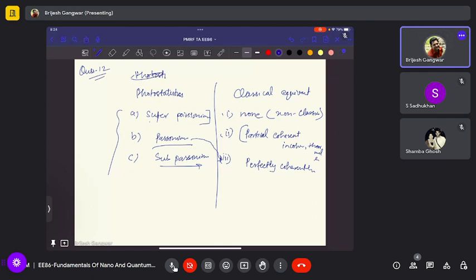So the final answer will be: A is 2, B is 3, and C is 1. So this is the perfect match for this type of question.